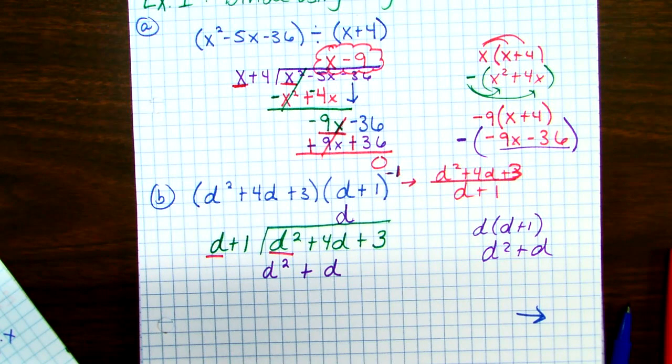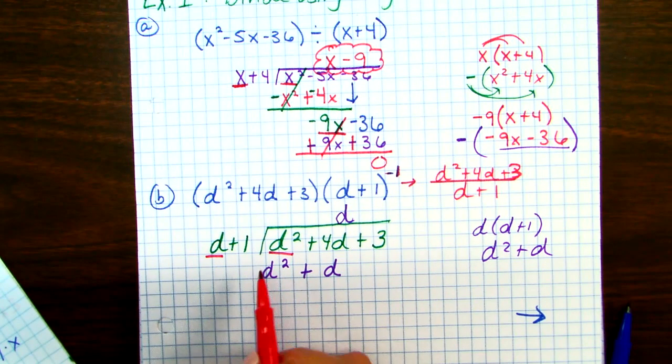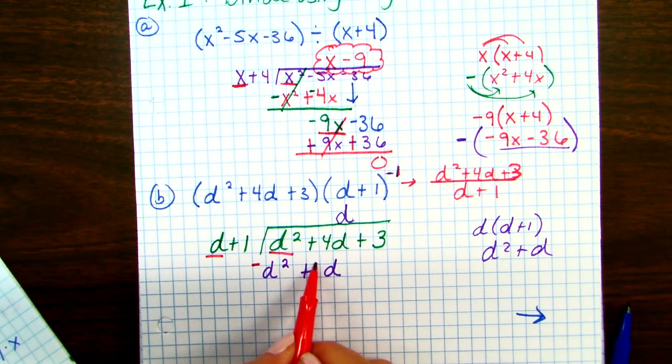We then have the subtraction step. Remember, the subtraction step simply means change both signs. Whatever they are currently, we change them. So they're both positive right now. They were.